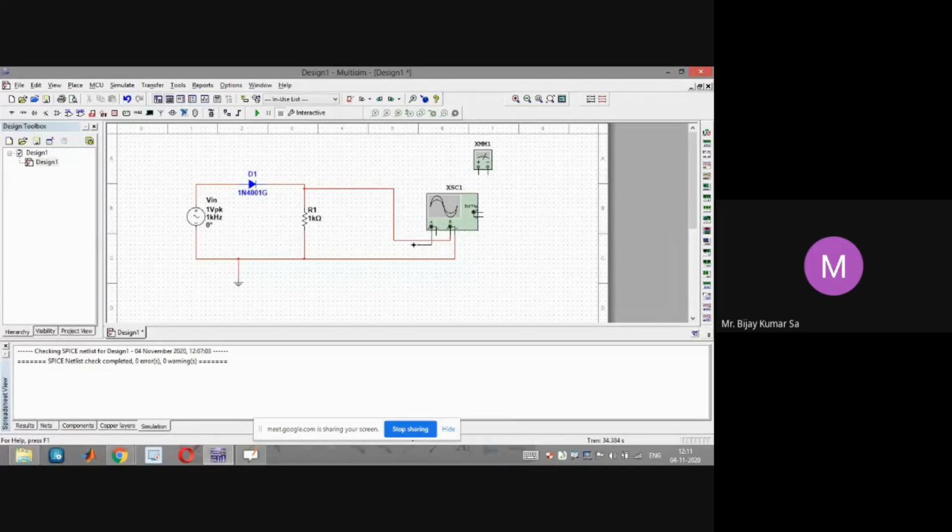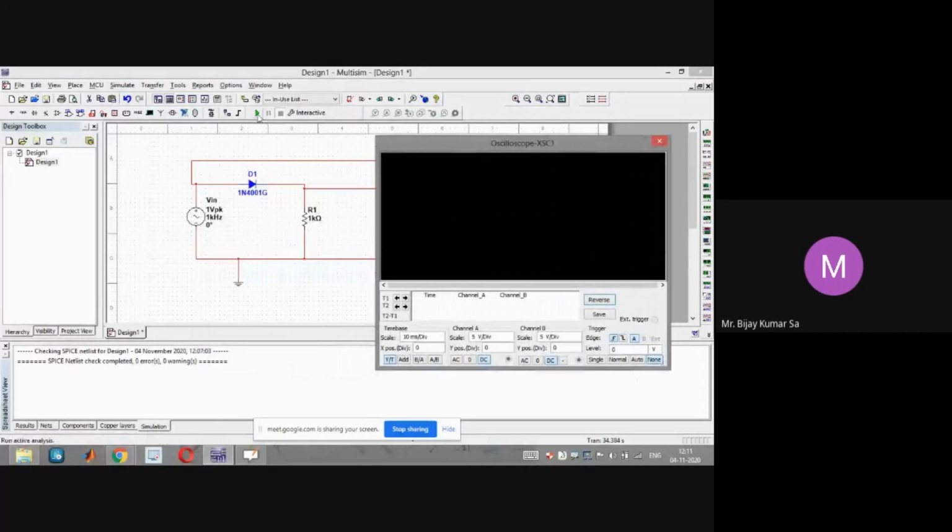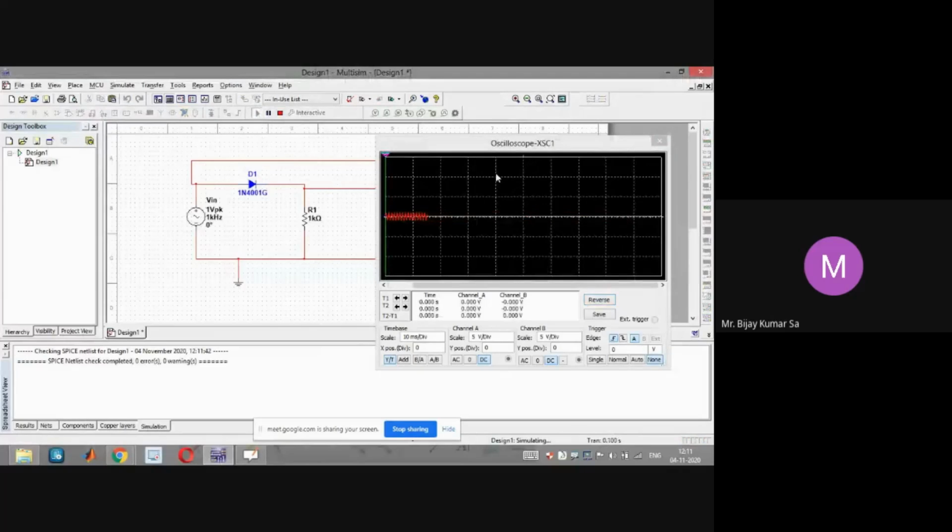On channel A, I will connect the sinusoidal input source, and the negative terminal to the reference ground. This is how I have made the connections. So I am expecting a rectified output in channel B. If I double click on it and run, I'm getting the signal like this.